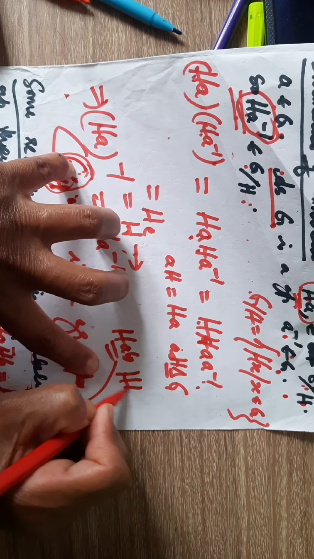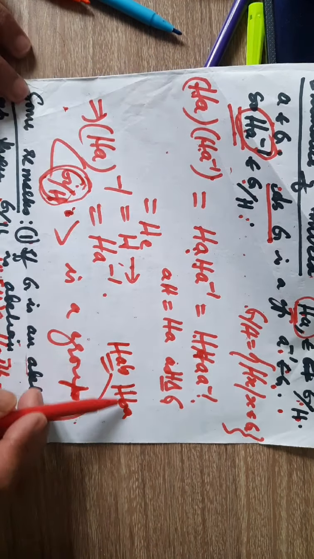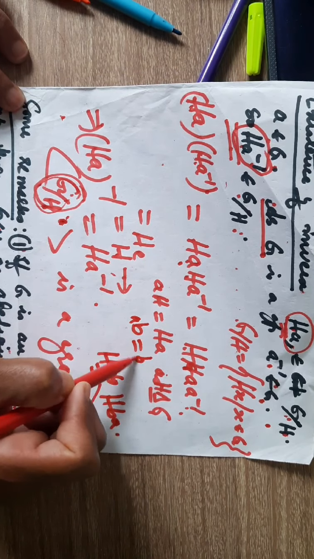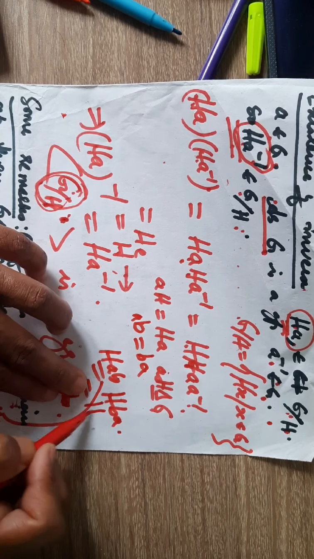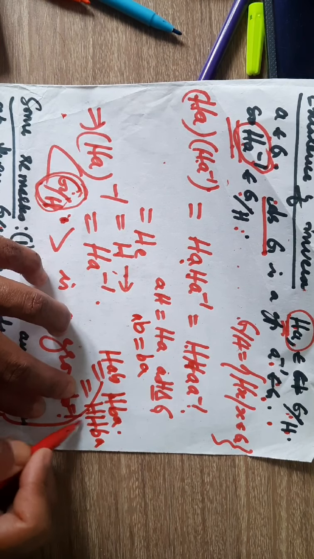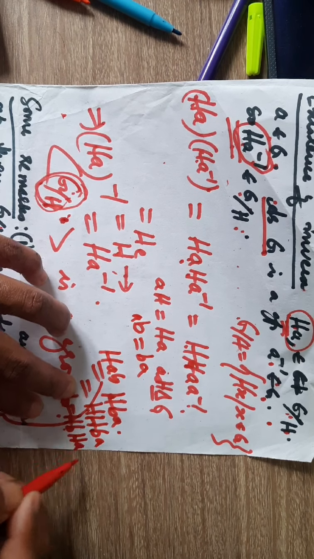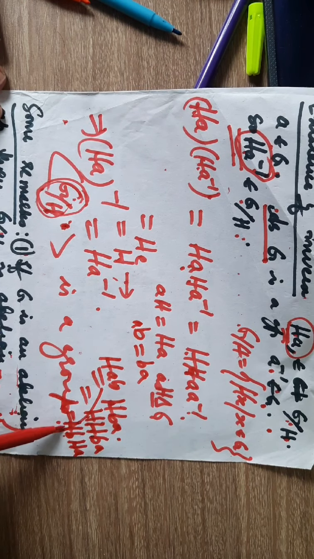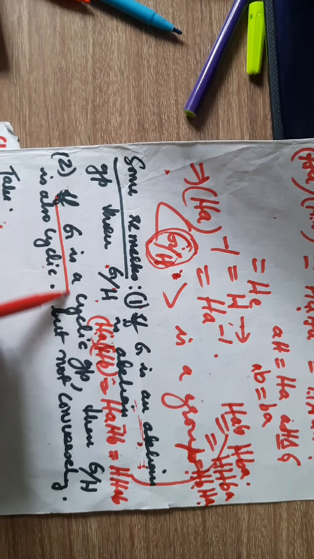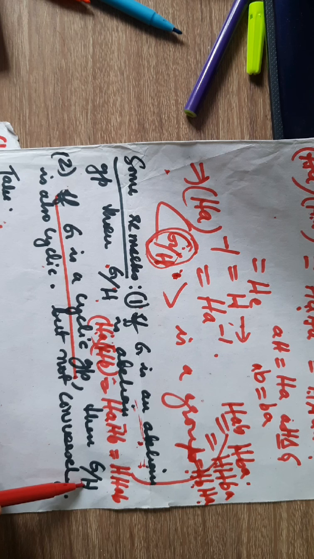It is the same as Hba, because a and b are elements of G, and G is abelian, so ab is the same as ba. So then you can write it again as HH ba, because HH is the same as H, so it will be Hb into Ha. So that means Ha into Hb is equal to Hb into Ha, which means that G by H is an abelian group.